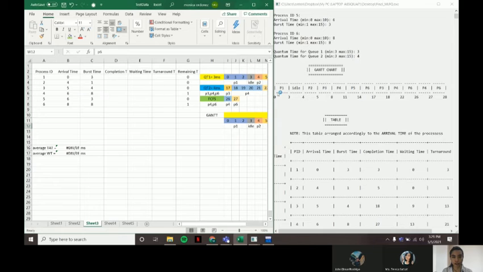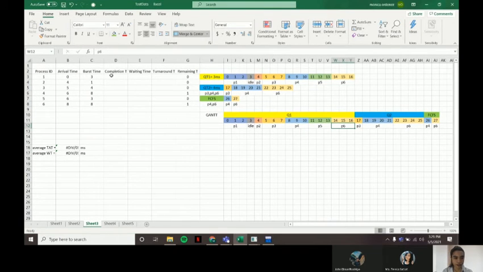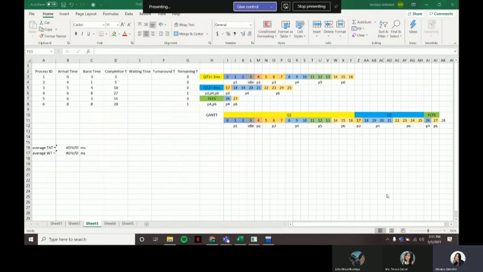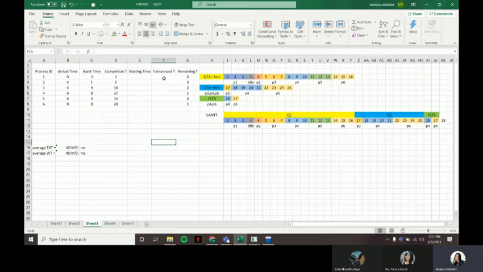So now we will compute the completion time from the chart. Now that we have the completion time of all processes, we will compute the turnaround time and waiting time.